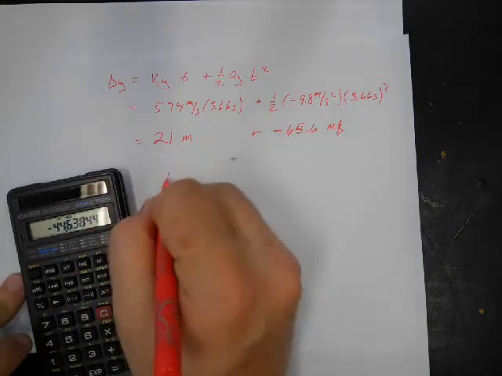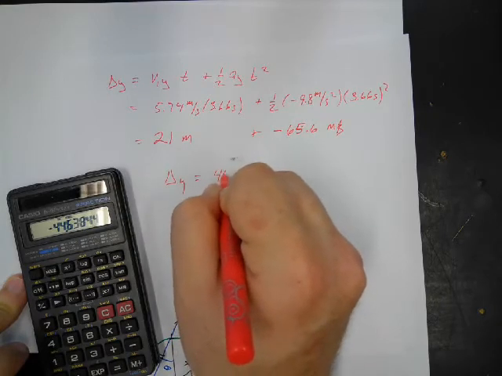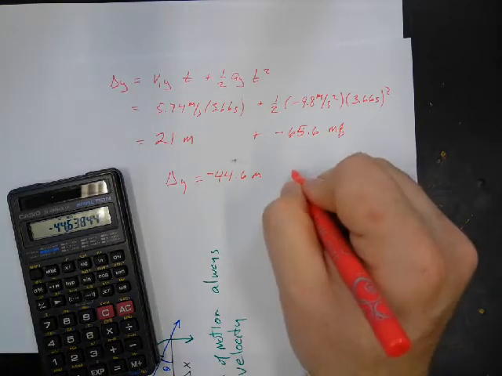Right, delta y is 44.6 meters below the ground. So this is a miss.